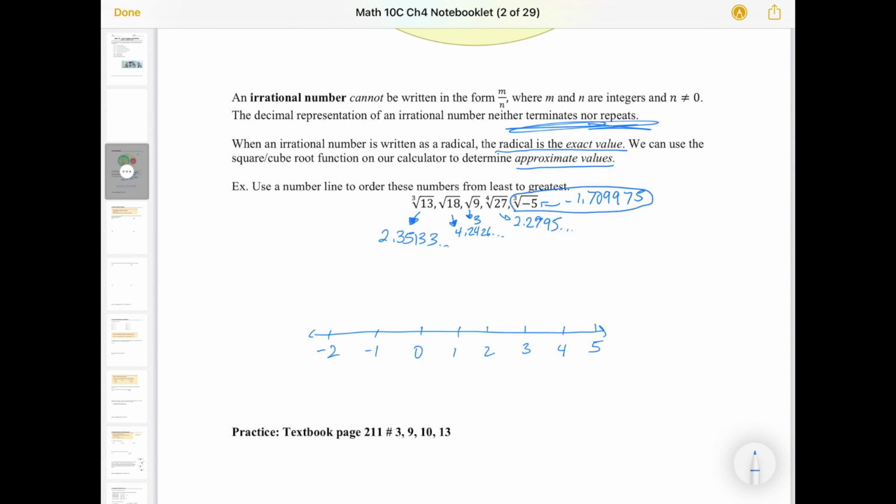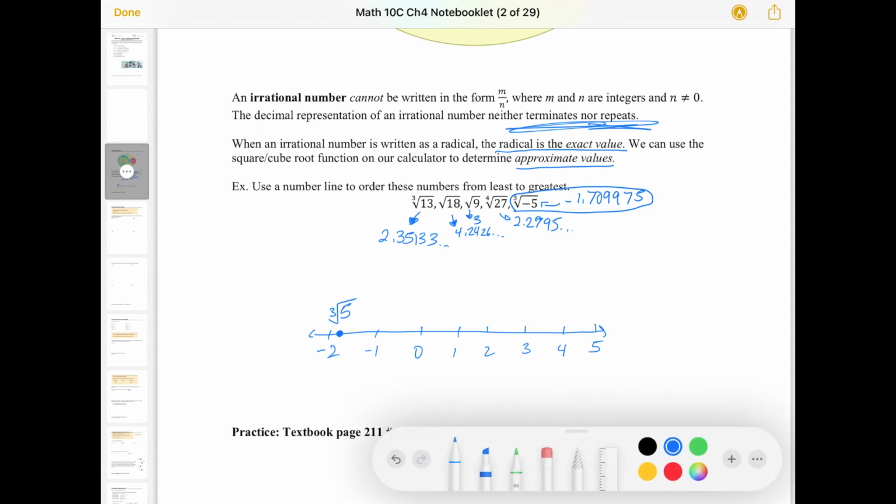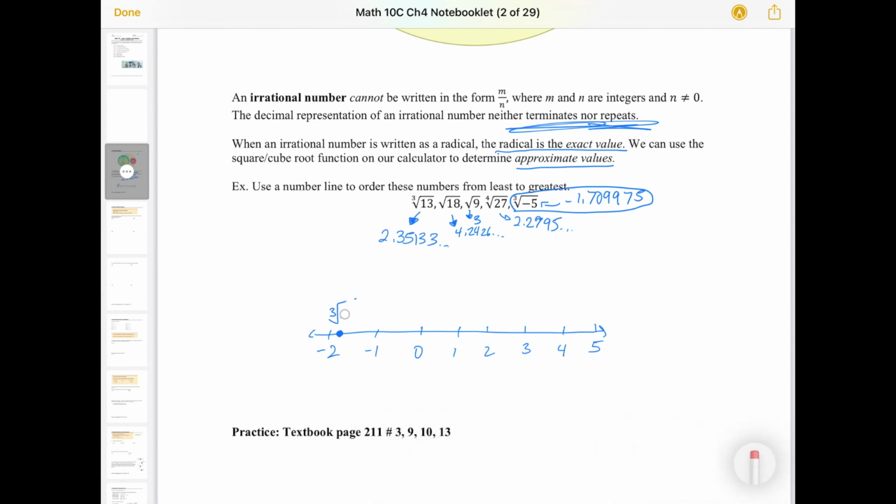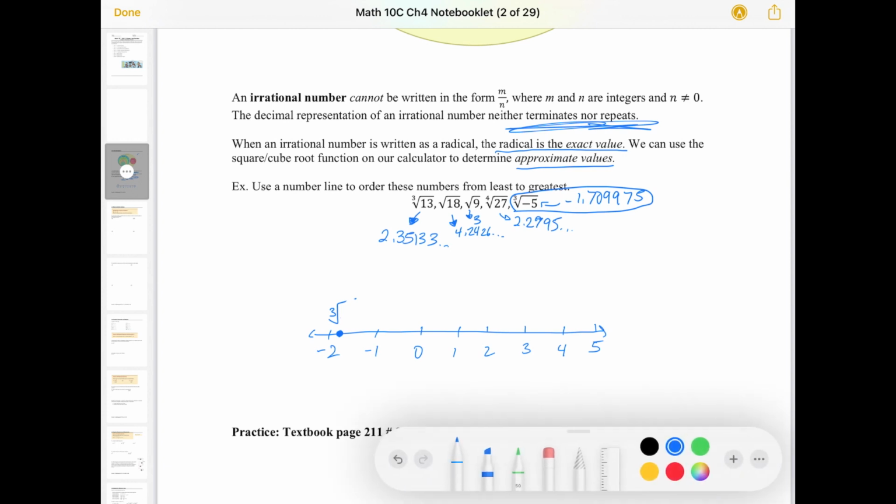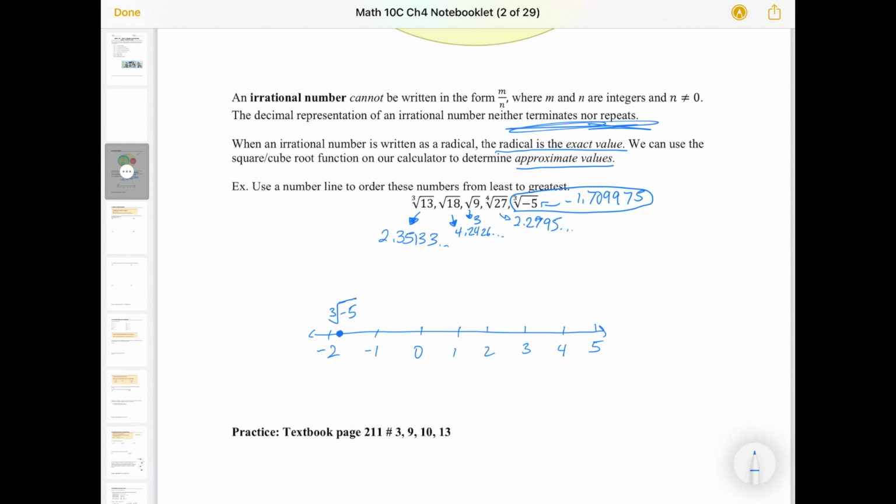So my cubed root of -5 is going to be right about here. I need to write the radical. Don't write your decimal. That's not the exact value. Oh, I missed my negative sign there. Cubed root of -5. And now the fourth root of 27. 2.27, so about there.